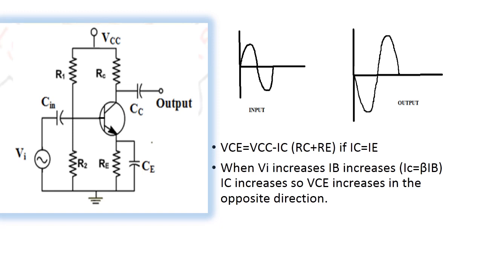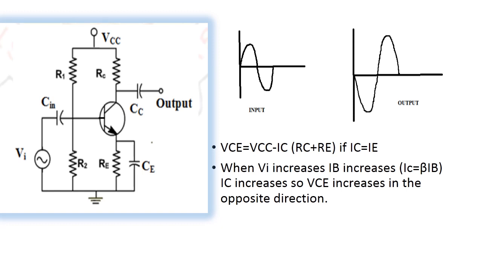So from this equation, we can say that when IC increases, VCE decreases. As VCC and RC plus RE are constant, when IC increases, VCE also changes, but in the negative direction or in the opposite direction.